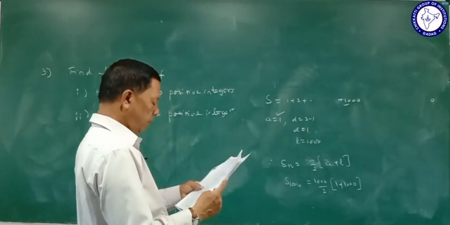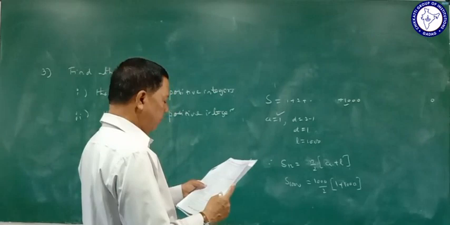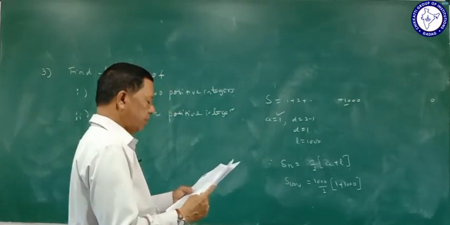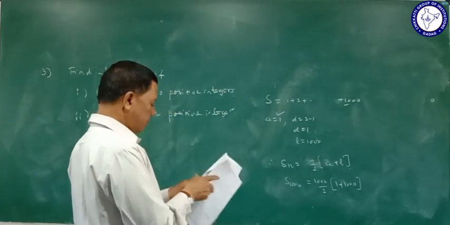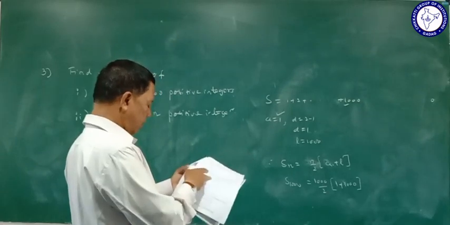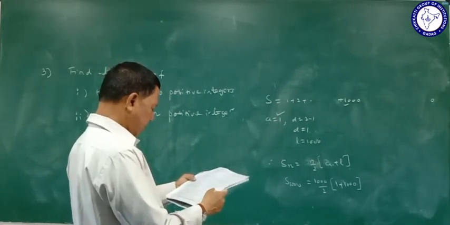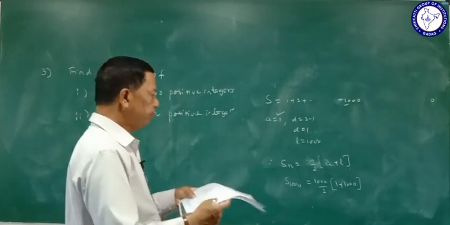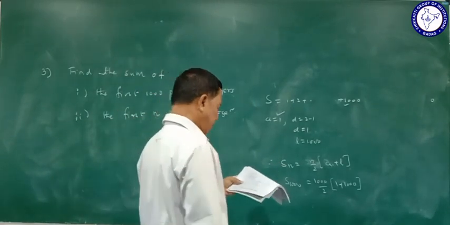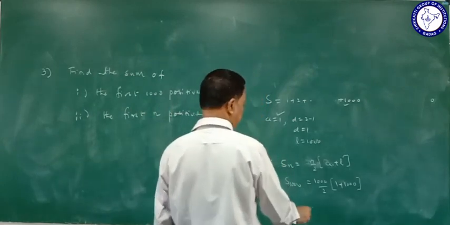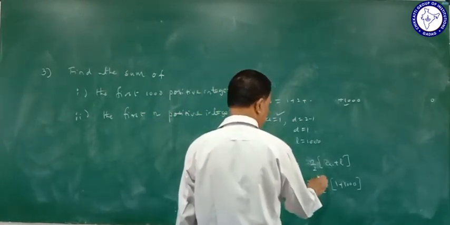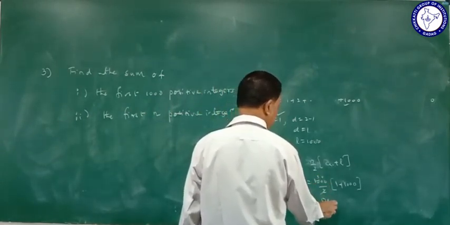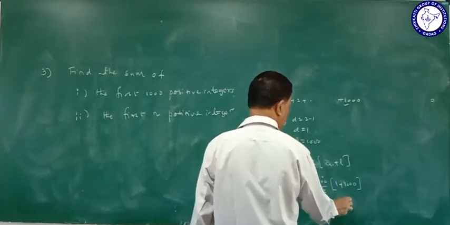Now basically when you go for finding the sum of some numbers, accordingly we can calculate. So when you see this simplification, that will be the final answer. 2 1s are 2, 2 5s are 10, means 500 into 1001.